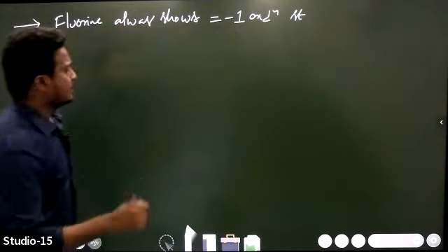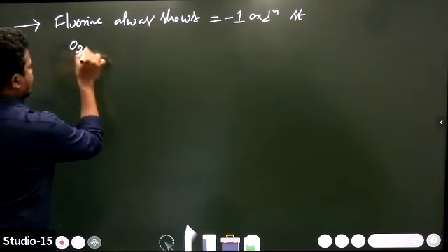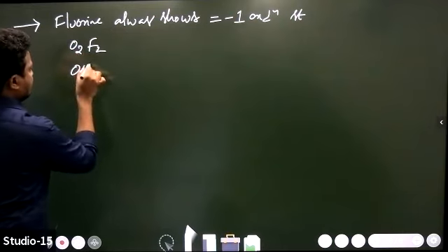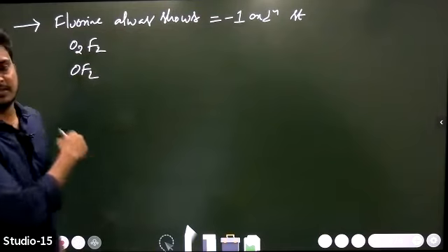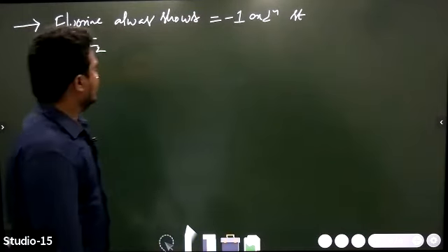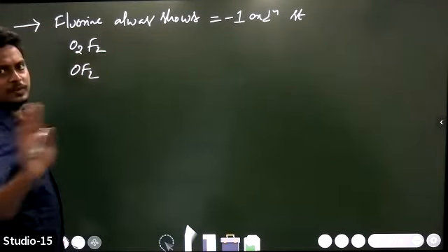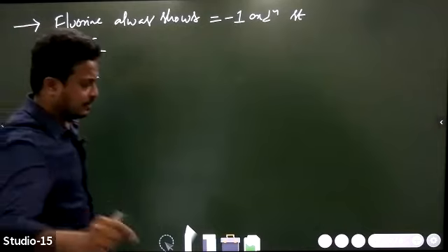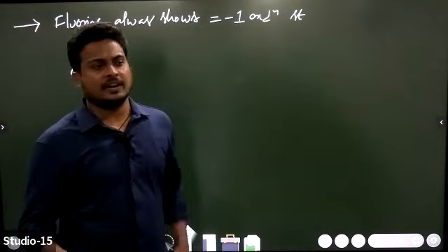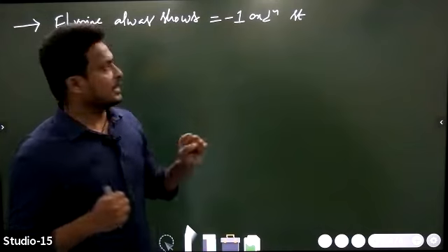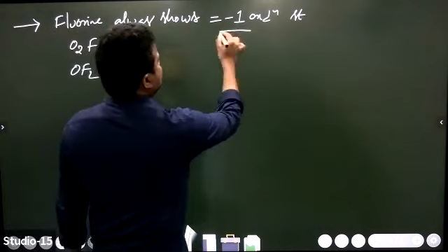That is why in O2F2 and OF2, oxygen shows positive oxidation states. Fluorine never shows positive oxidation state, because fluorine is the most electronegative element. It is ready to take electrons, so it always shows -1 oxidation state.